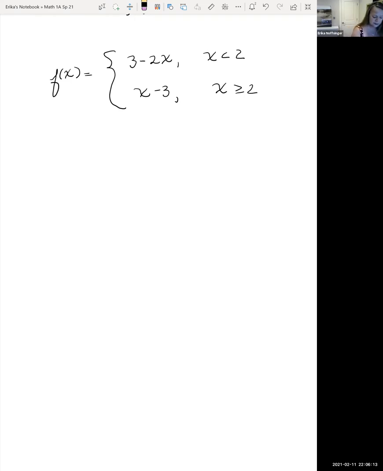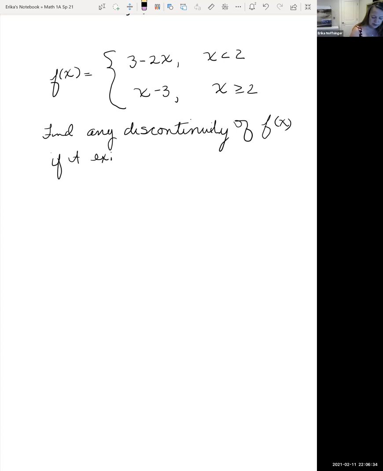And let's find any discontinuity if it exists. Well, if you look at the first equation, that's a polynomial. Polynomials are continuous everywhere.